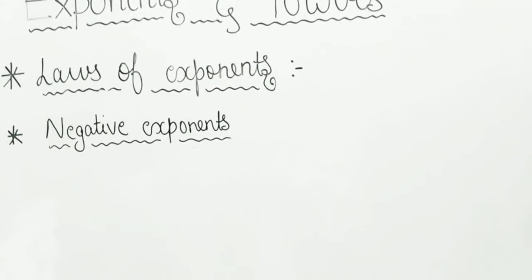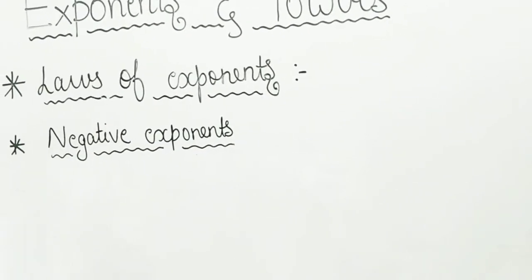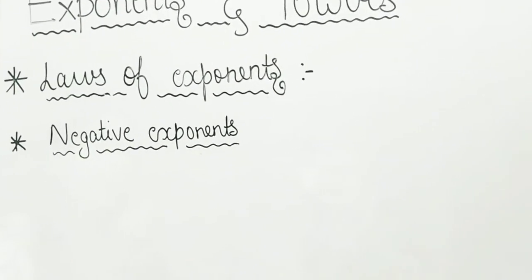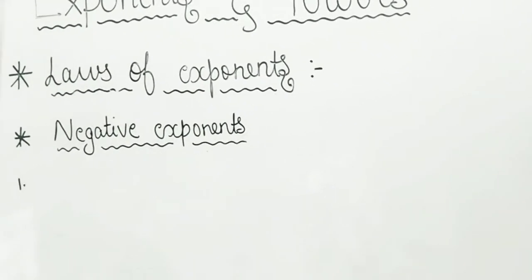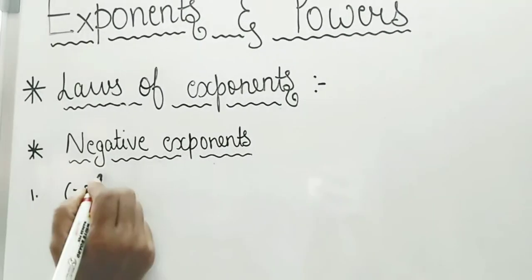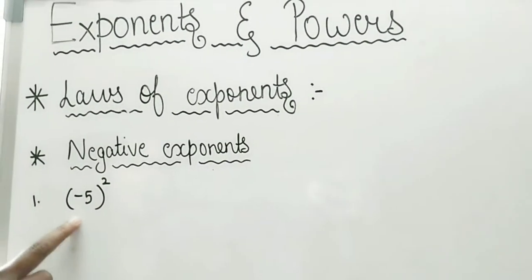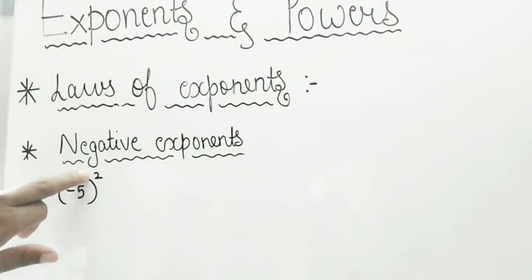Now let us do some more examples on negative powers. The question is to express the following as negative exponents. We have to express the given exponential form in negative exponent.